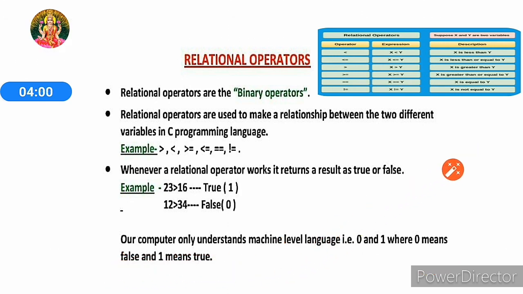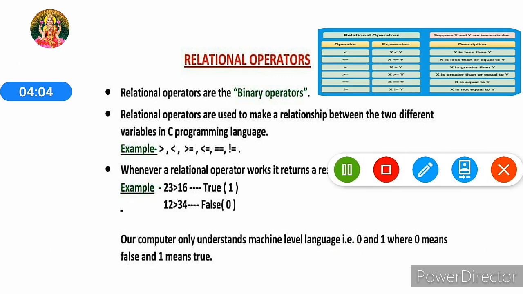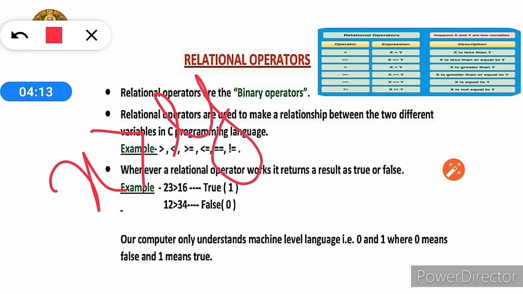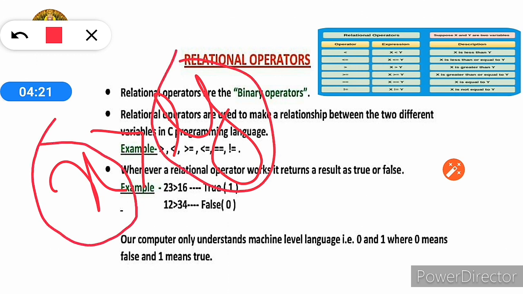Another thing I want to discuss is that we should only compare a relationship between two similar data types. I mean, if we are describing a relation between two variables, then x should be an integer and y should also be an integer.